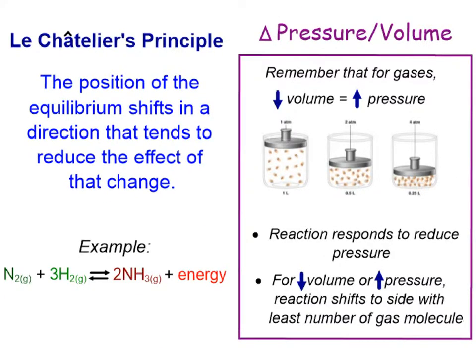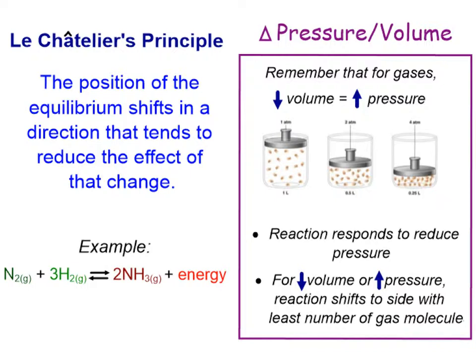What if we change the pressure or volume? And this would be for a reaction that involves gases, like our example here. Again, the position of the equilibrium is going to shift in a direction that tends to reduce the effect of that change. So remember, for gases, if we decrease the volume, we're going to increase the pressure.